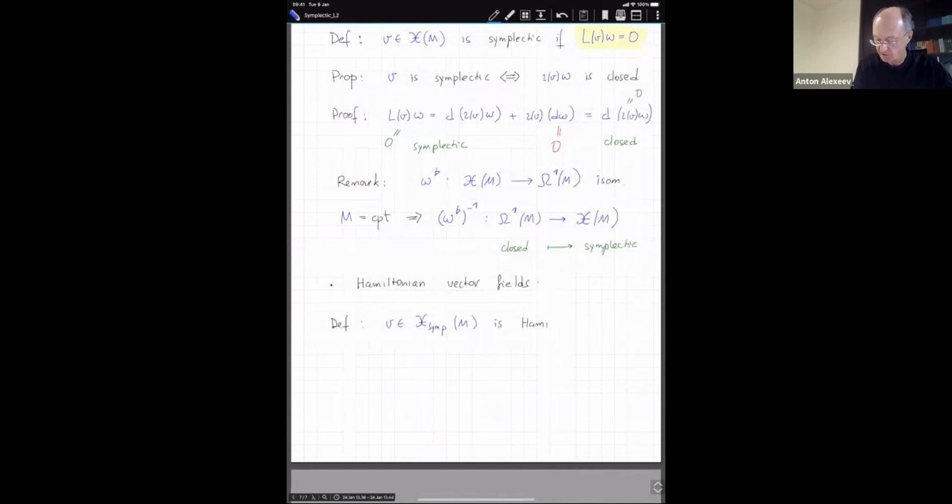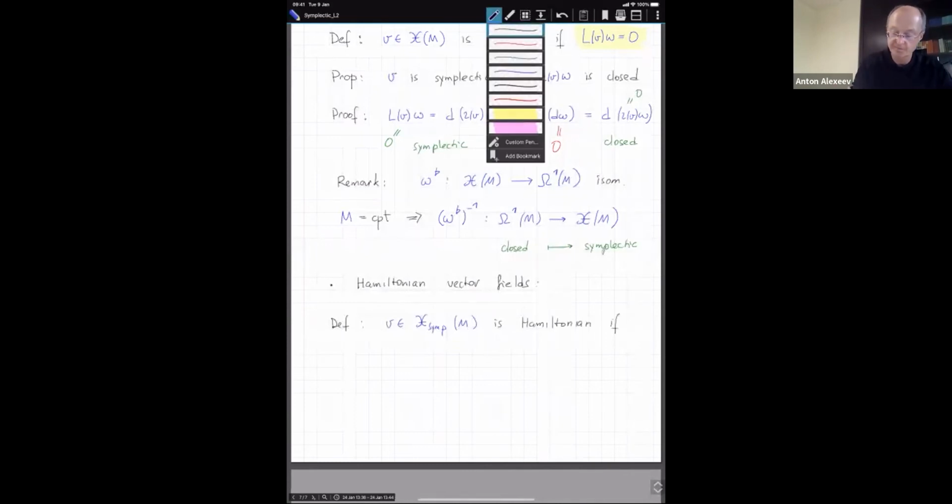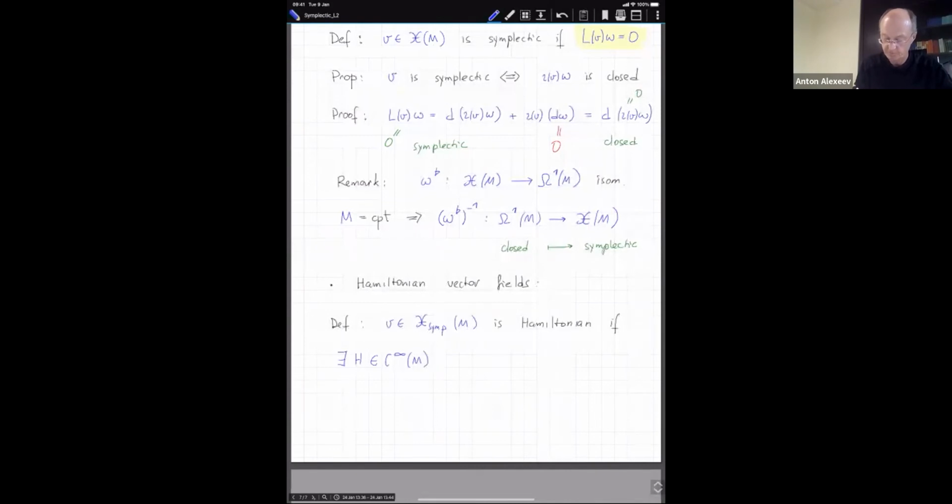Then we say that it is Hamiltonian if there is a function h on M such that iota v of omega is equal to dh.